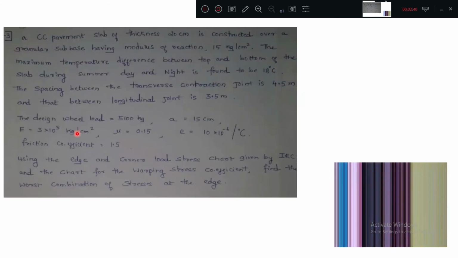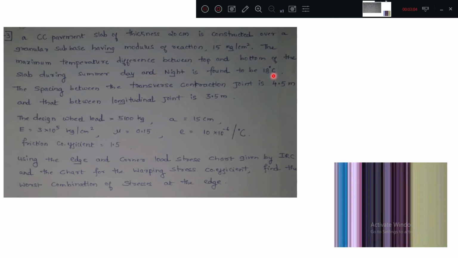Now in the next problem, what they have given: slab thickness h equal to 20, constructed over a granular subbase having modulus of reaction K equal to 15. The maximum temperature difference between top and bottom during a summer day-night is found to be 18.